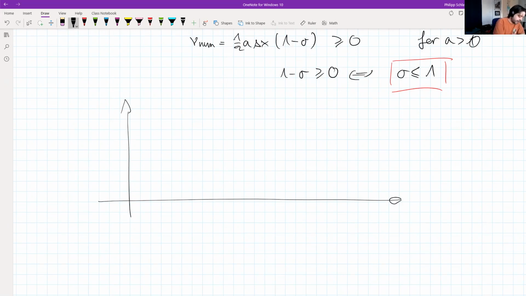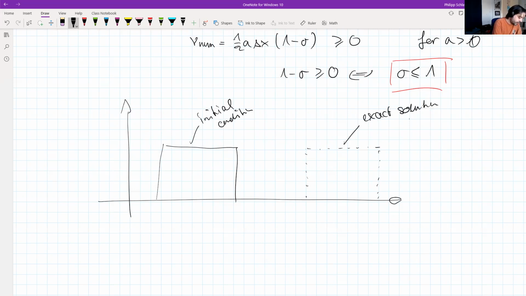If you remember, when we talked about this being my initial condition, and this here the exact solution at time t1 larger than t0, we have seen that depending on the value of sigma, the Courant number, we get different degrees of smoothing.